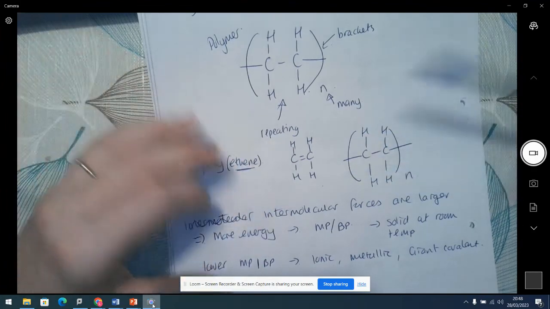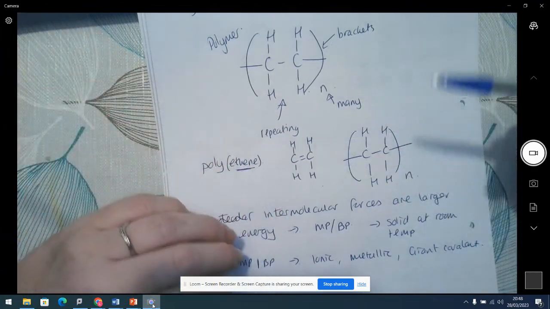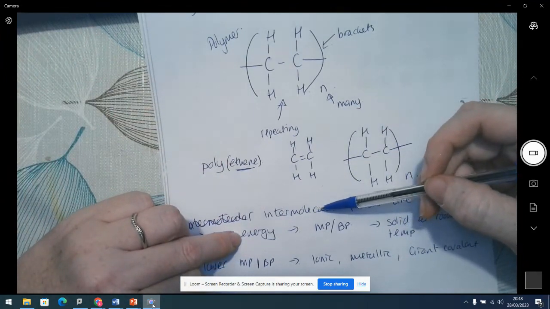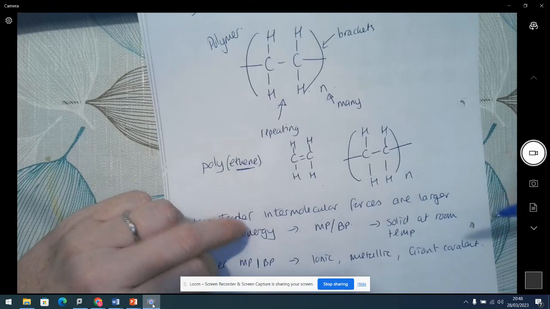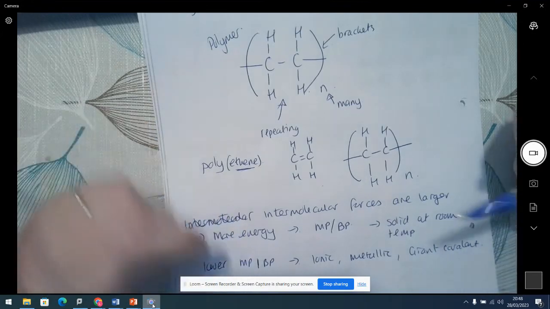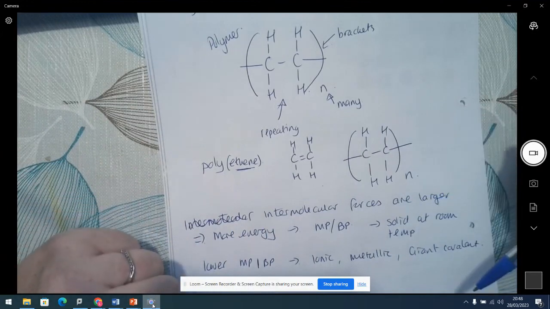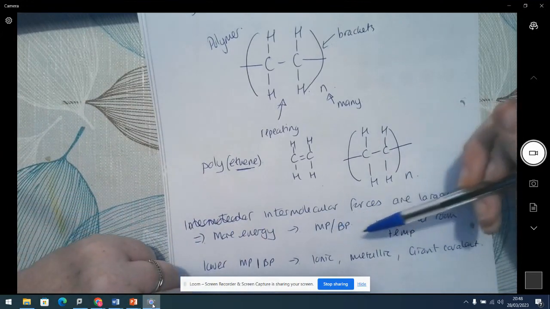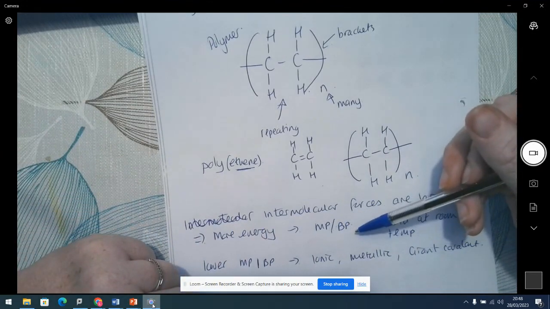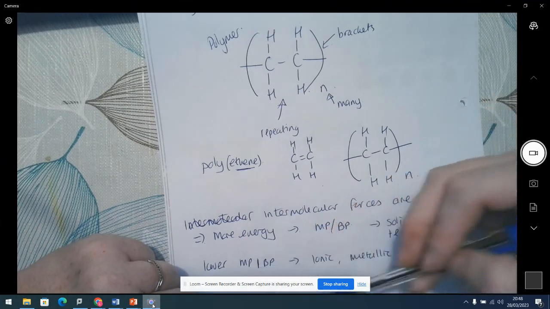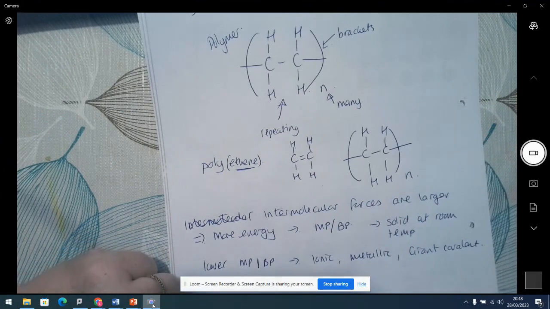Because the chain is long, it means you've got more atoms, so the molecule is bigger, and you know that means that the intermolecular forces will therefore increase. So anytime that happens, we need more energy to overcome those forces, which is why they're solids at room temperature, and it's usually why they have a higher melting and boiling point when compared to simple covalent, but they still have lower melting and boiling points when compared to the other types of bonding.